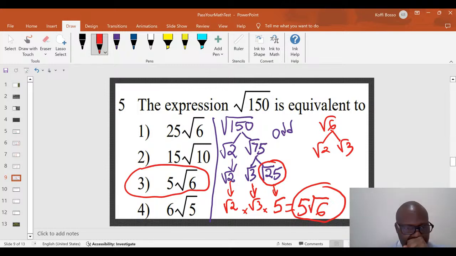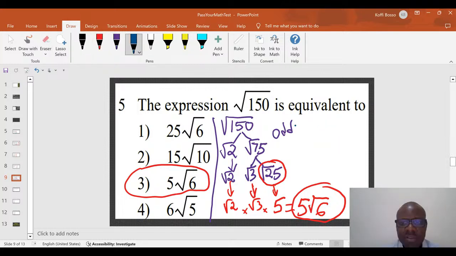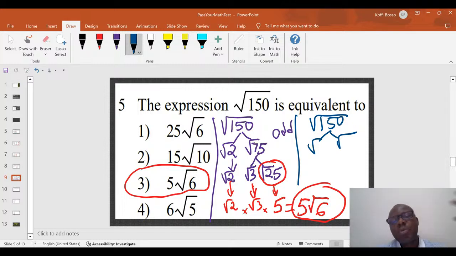Now the thing is this: suppose you are good in the multiplication table. If you are good in the multiplication table, yes, you can try to see this as what? If you have a square root of 150, break it down as 2 numbers where one will be a perfect square, and that will be the highest perfect square we can get, multiplied by another number to give you this. So that highest perfect square will be 25.